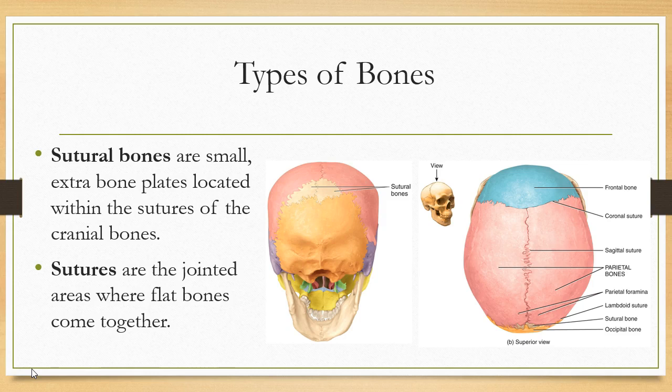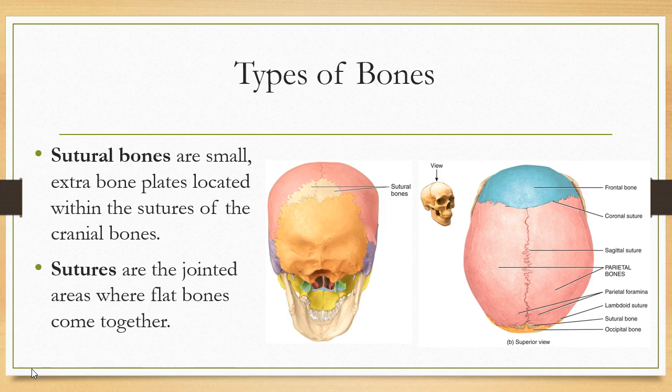Alright, so we will also see some particular types of bones that are also a category of marking sometimes. So sutural bones, these are going to be small formed bones between the sutures of the skull bones here. They are not necessarily normal or abnormal.